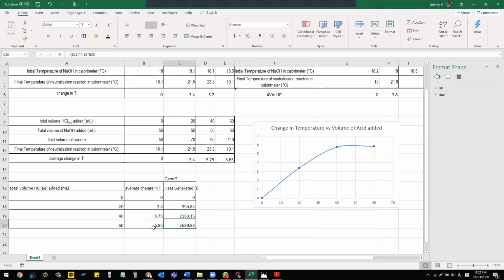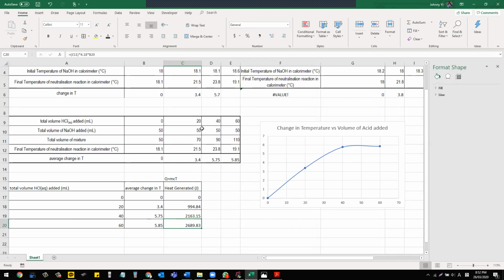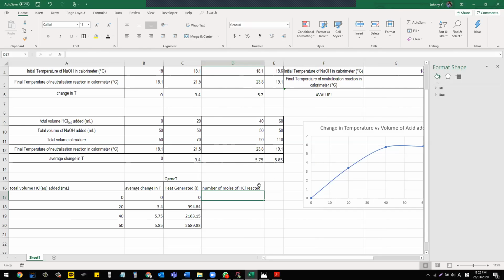And the number of moles of HCl reacted, okay? That's really important. That's 0, of course.